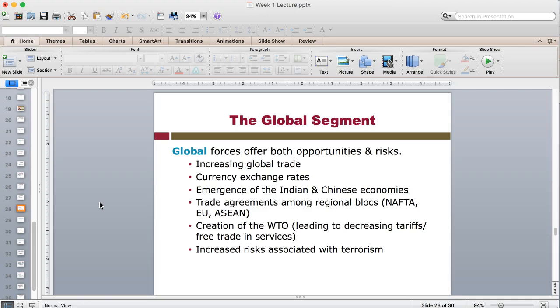And again, you can think about those trends like, for example, I tend to think that the next great market is going to be Africa, because it's got a ton of low-cost labor, they've got a ton of natural resources, and there's huge opportunities for growth there.